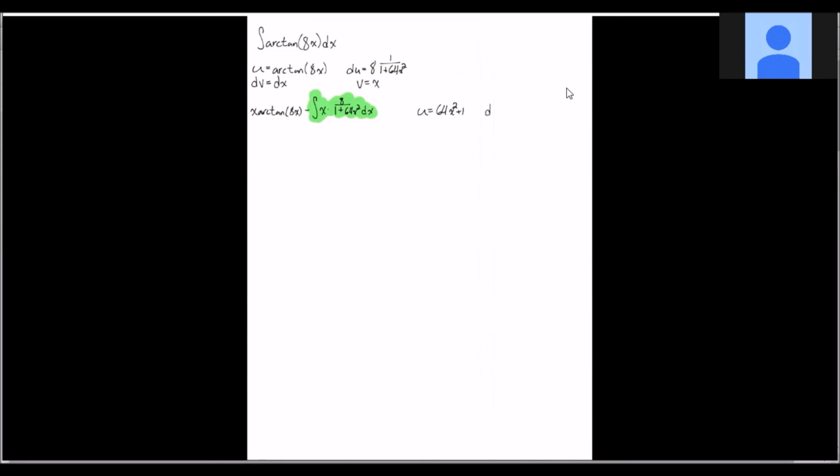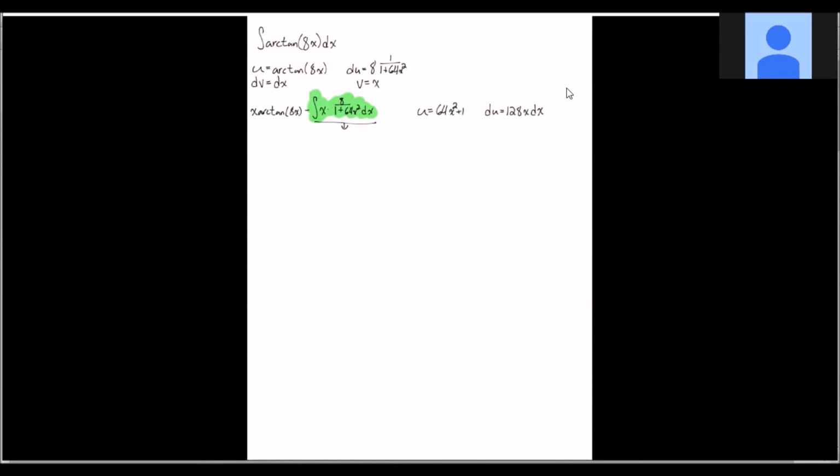And when I find my du, I'm going to be getting a 128x dx. So we're going to go ahead and just look at this integral here for a second on this next line here.